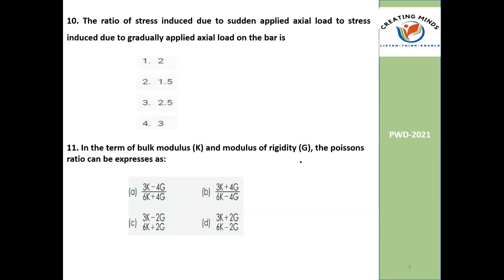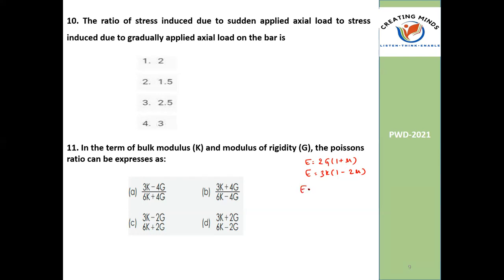We know that E equals 2G into (1 plus mu) and E equals 3K into (1 minus 2 mu). You require the mu value, so to get mu, what do you have to do? Here, if you want mu, you multiply this out.